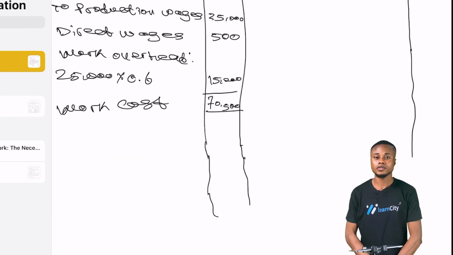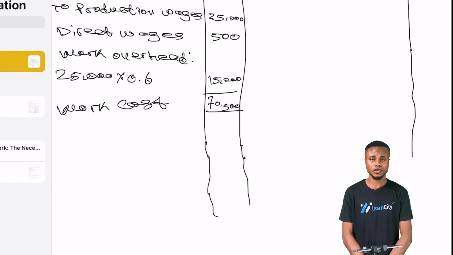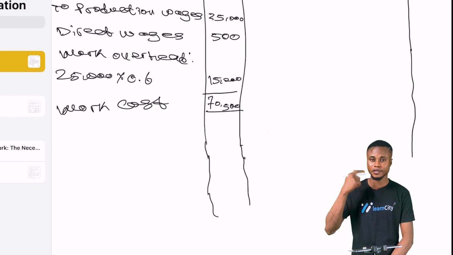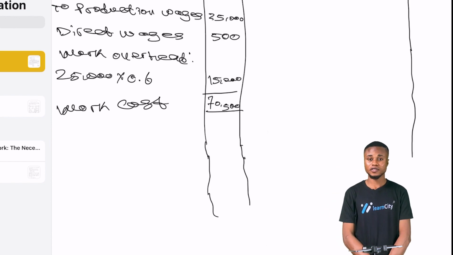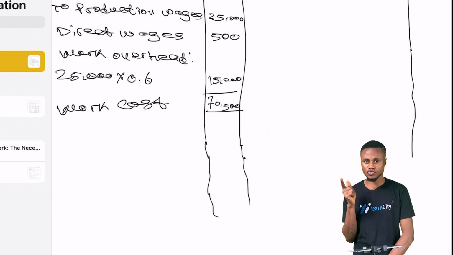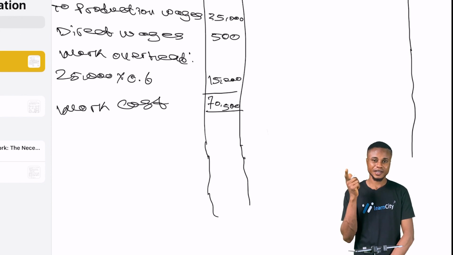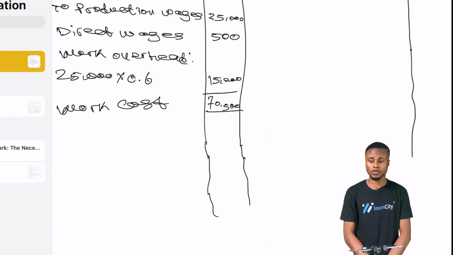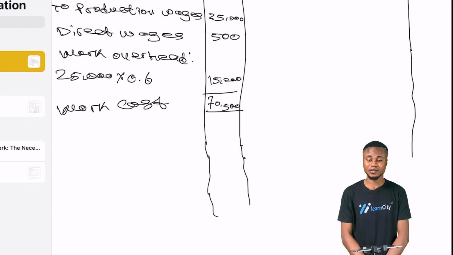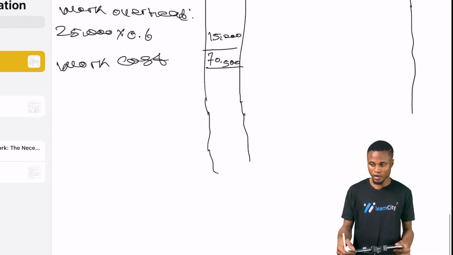In the additional information, they told us they provide 60% on productive wages for works overhead. We did that one. And 12.5% on works cost for office overhead. This 12.5%, we are going to charge directly on the amount we got for the work cost, which is 70,500.